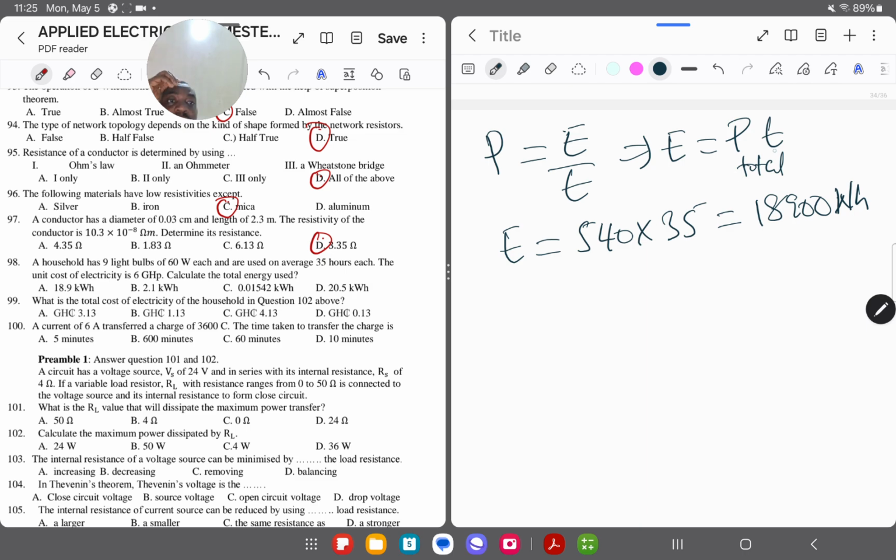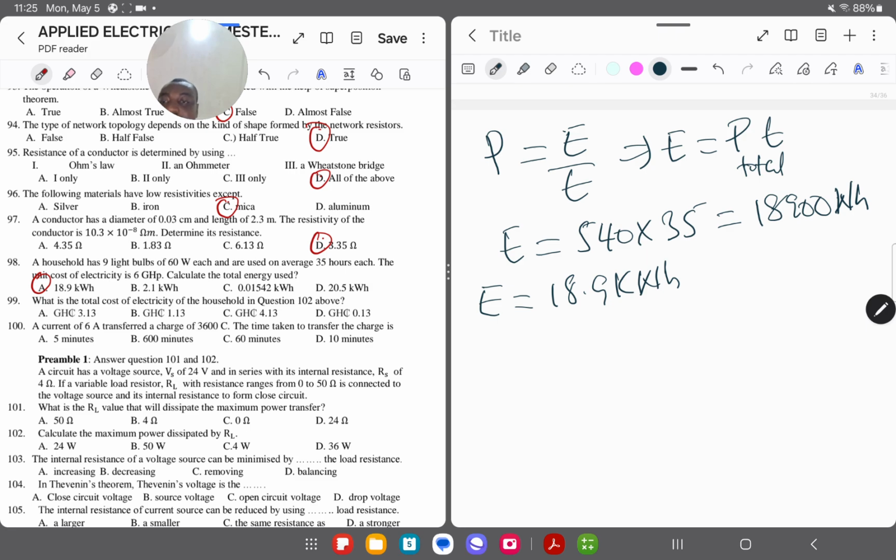Now we change this to kilowatt hours, so it's 18.9 kilowatt hours. So the answer for this is question A.